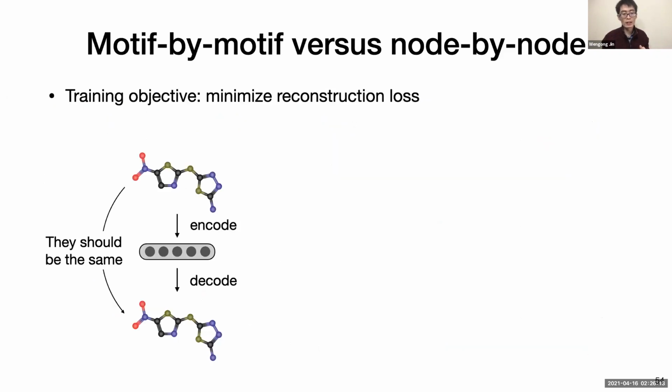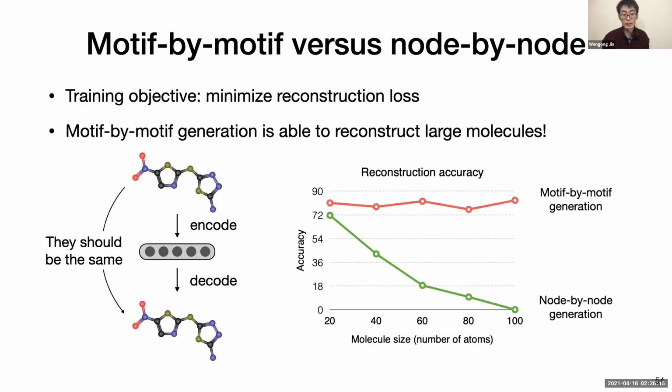The reason this approach is advantageous is that you're generating it motif by motif. The time complexity is actually linear because you are generating a tree instead of generating a graph. Generating a tree, you can do in a linear number of steps.